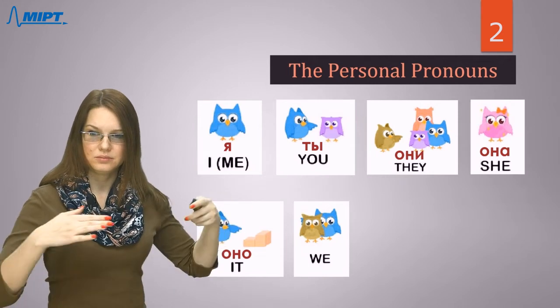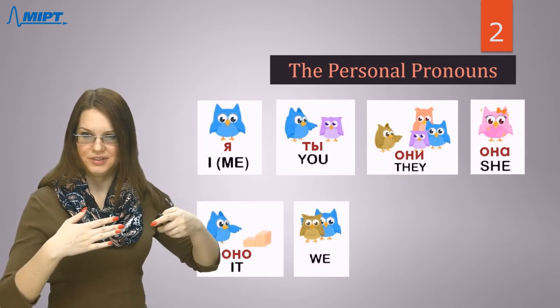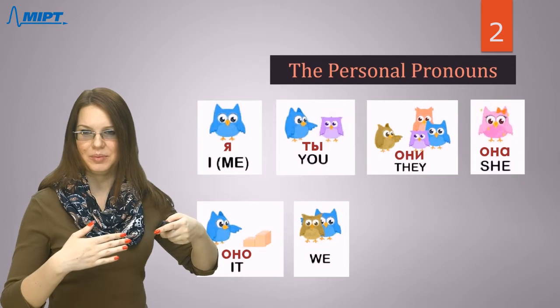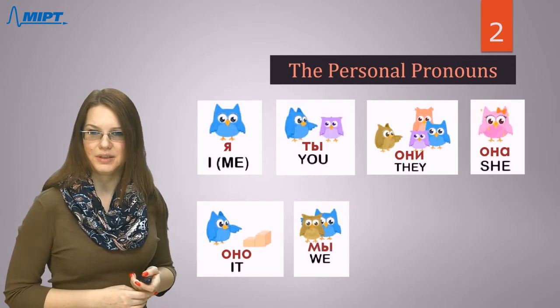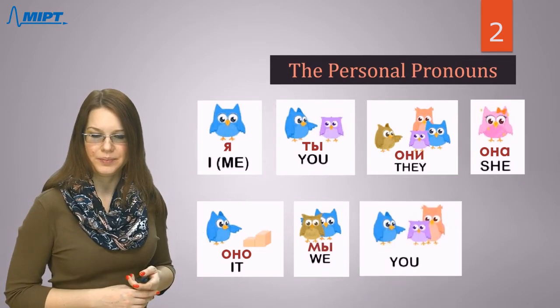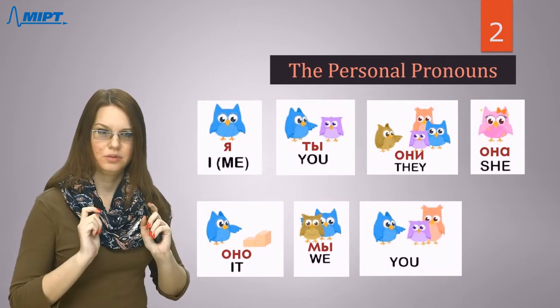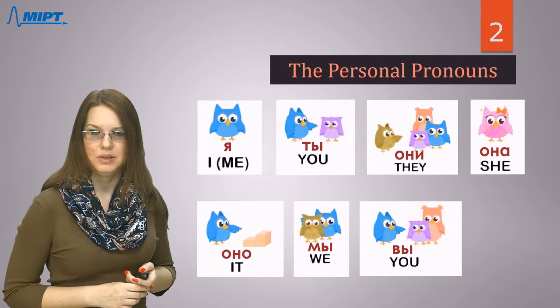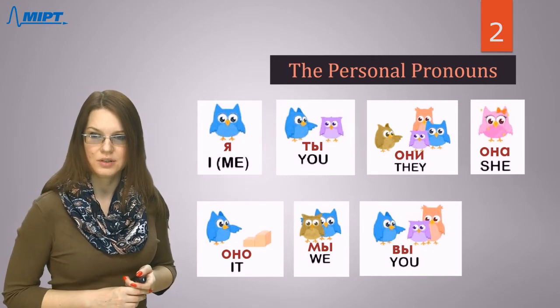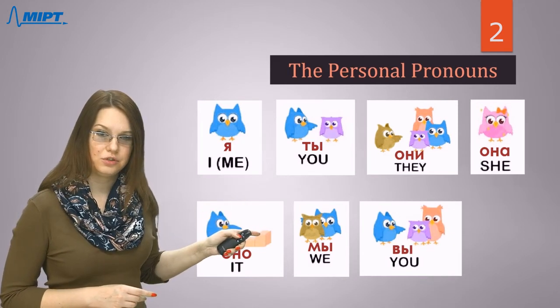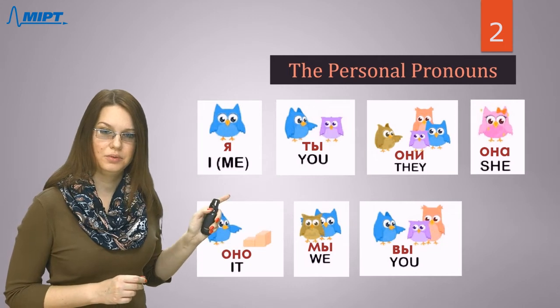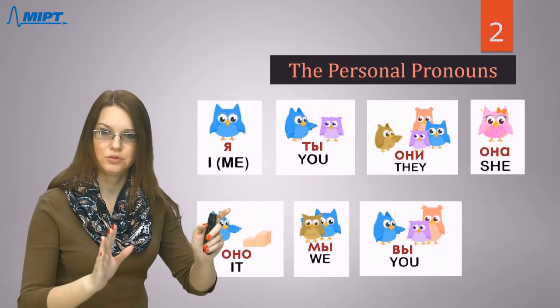We, like me and someone else, me and other people, means мы. You, if you're talking to a group of people, means вы. We don't need to write this word with a capital letter as we're talking to a group of people.